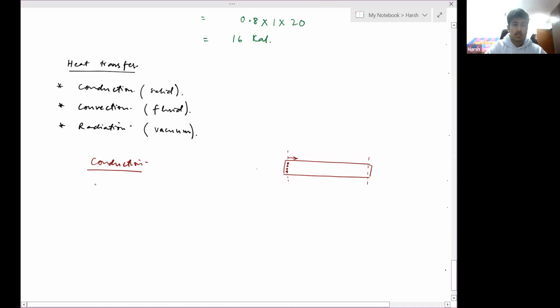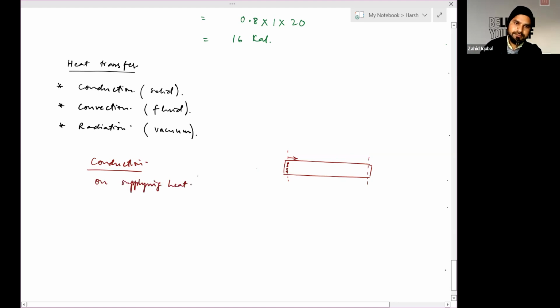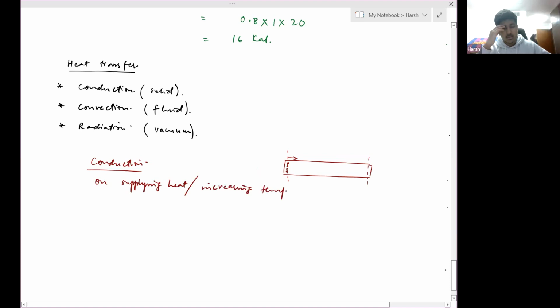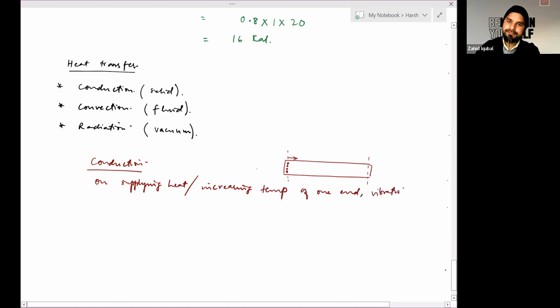Yes, sir. So you will write in this part: on supplying heat or increasing the temperature of one end, the vibrational thermal kinetic energy of the particles increases.